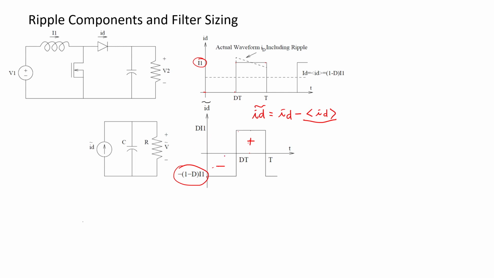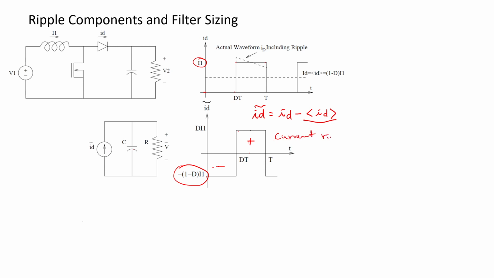From here we can find the ripple voltage on the capacitor using the relationship between current and voltage on a capacitor. Here we assume that this is a current ripple.